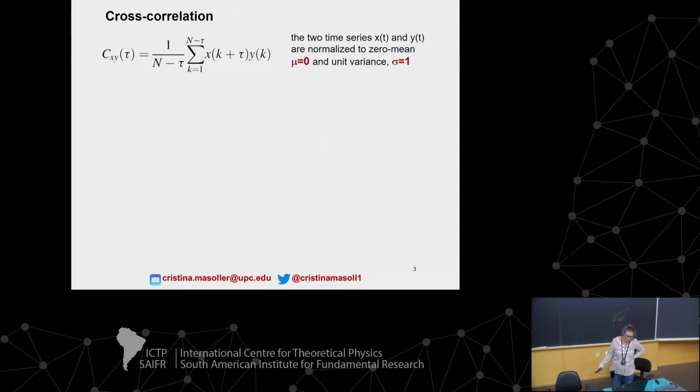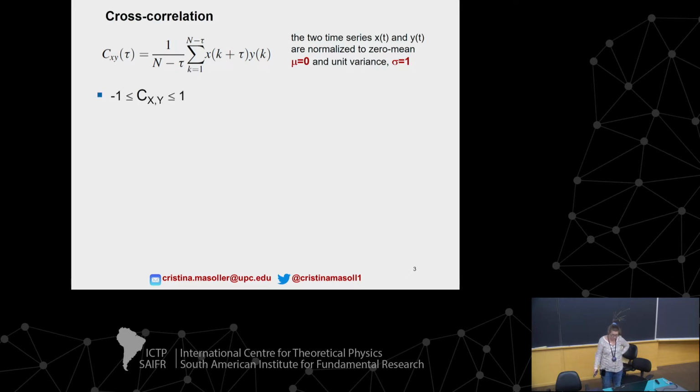So bivariate, the most well-known measure for bivariate analysis, and you should always start here, is to calculate the cross correlation. In this expression, it's very simple. That's because before doing this calculation, you need to remove the mean value and normalize to the variance equal to 1. So in that case, the cross correlation is just the product.